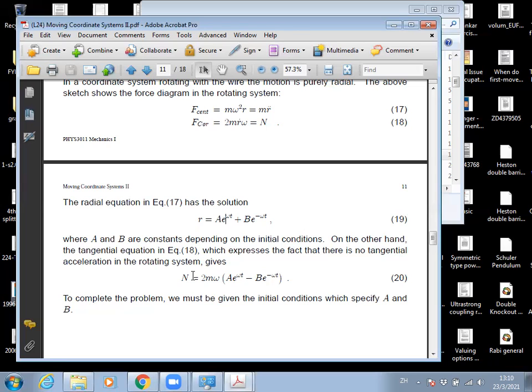Okay. Now, in the uniformly accelerating frame, after transforming back to an inertial frame with an added fictitious force, you can apply all the procedures that you have learned with respect to inertial frames. Conservation of momentum, conservation of energy, conservation of angular momentum, whatever you like.